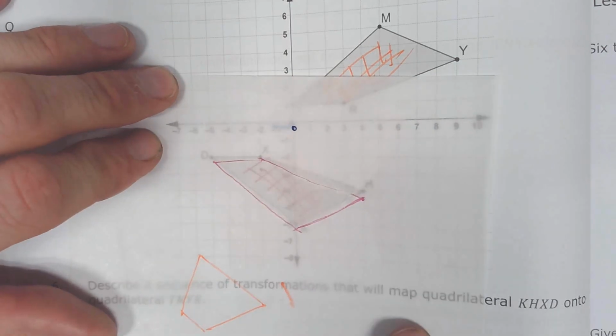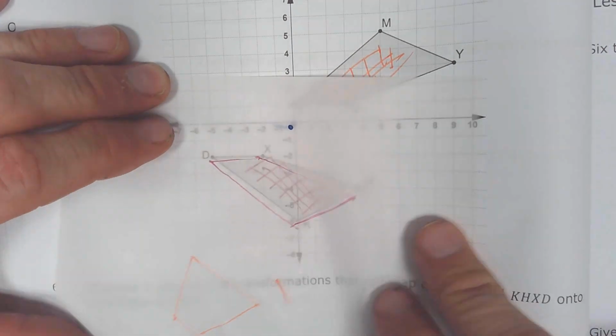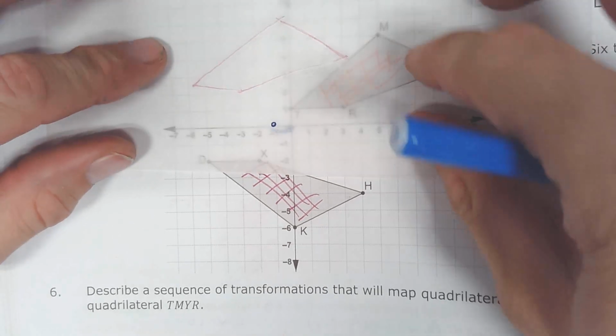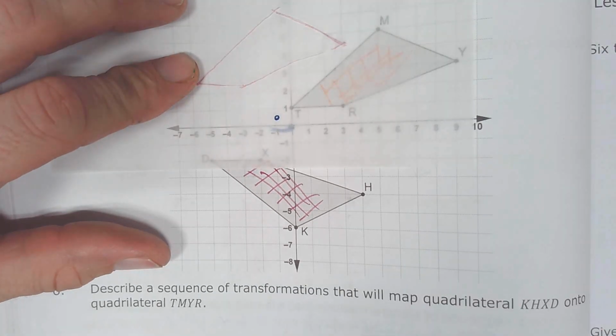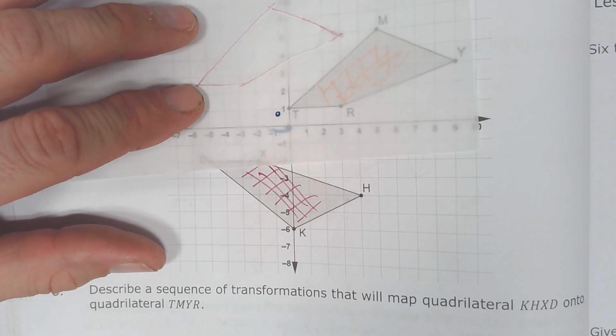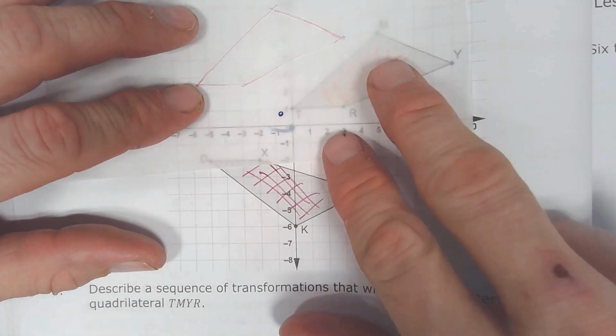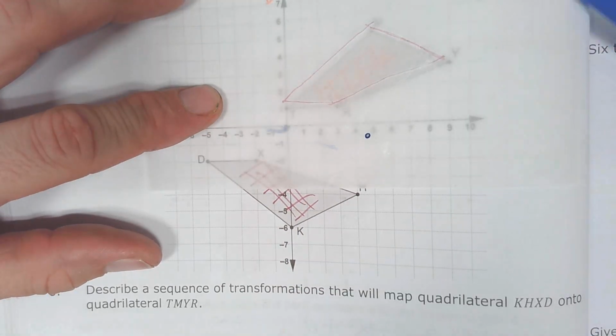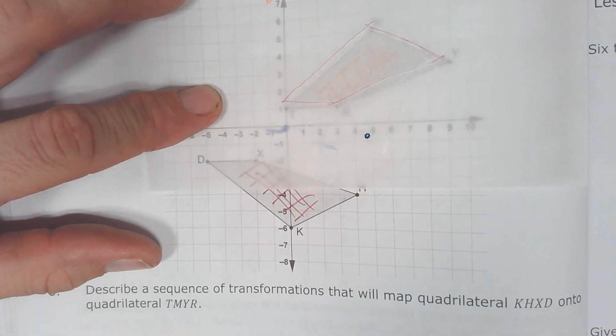I think we need to do a reflection in here somewhere. So maybe a reflection. There we go. That's a reflection if I ever saw one. So a reflection, and then probably a translation.